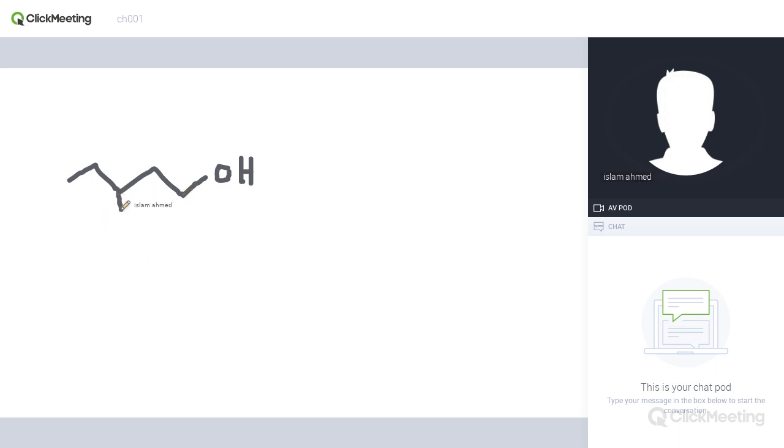And here is chloro. 3, 2, 3. Okay, so as we say, we need to give the lowest number for the functional group and the substitution.